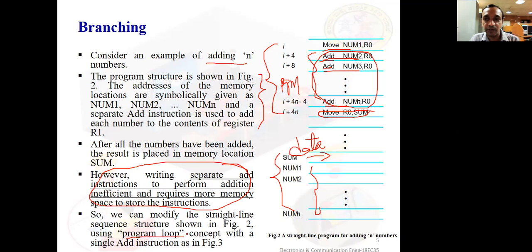For example, I want to find the factorial of a number. I have to multiply it so many times, n multiplied by n minus 1 multiplied by n minus 2. So writing these kinds of statements line by line is really time consuming and unstructured, and doesn't give you the best possible way of efficient program writing.